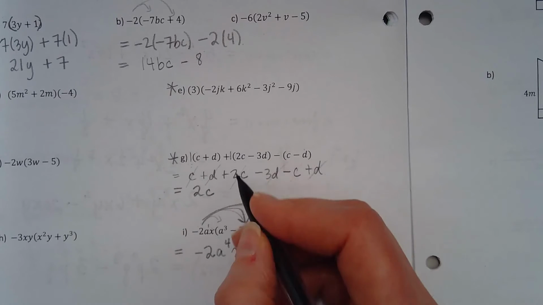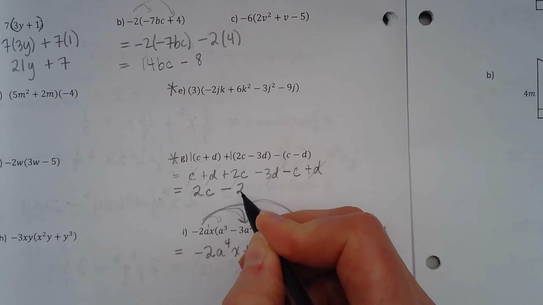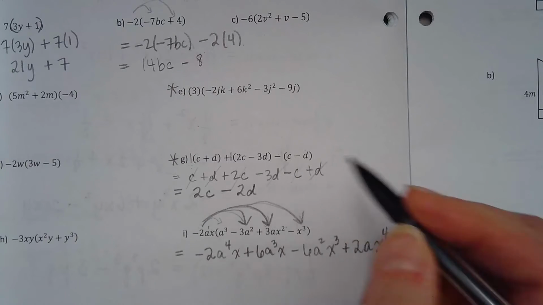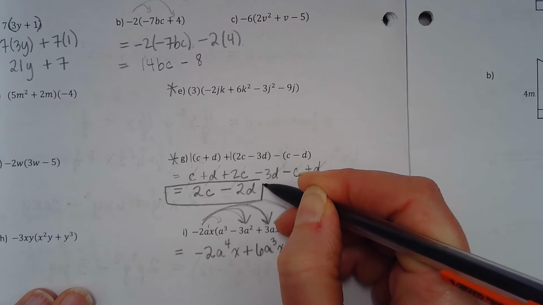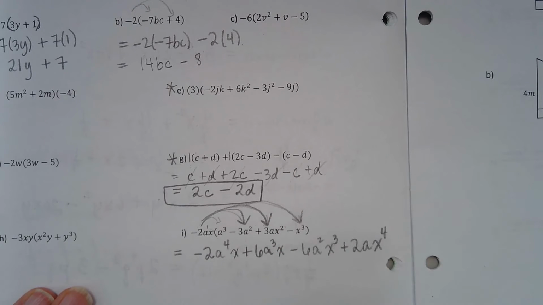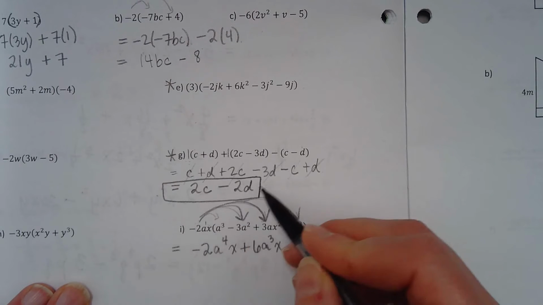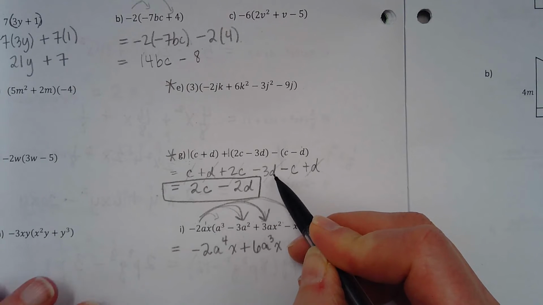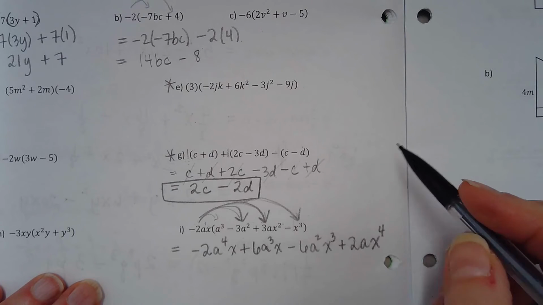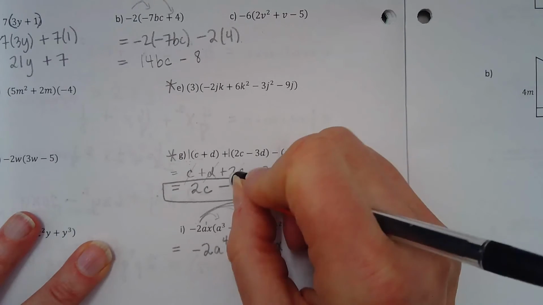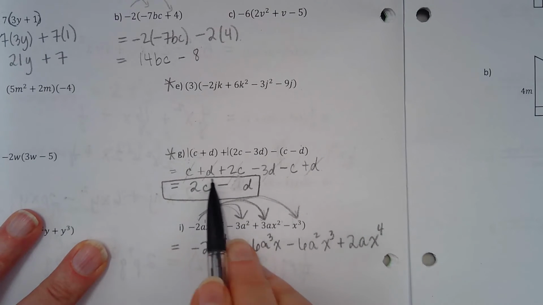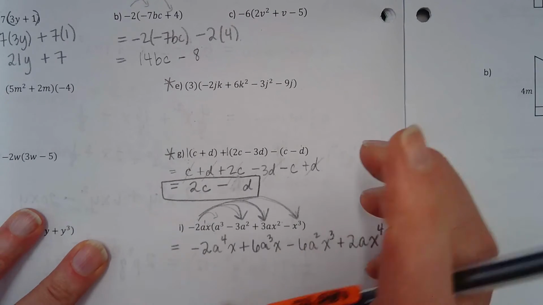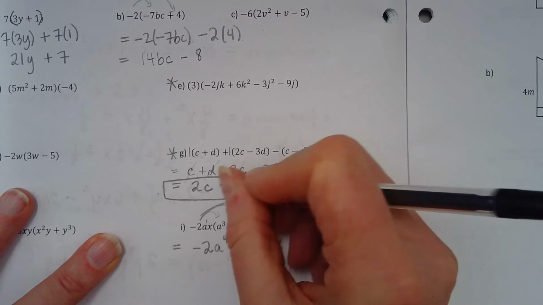Take away 3D would be minus 1D. Sorry, let me recheck. D plus D is 2, minus 3 is negative 1, so it's 2C minus D.